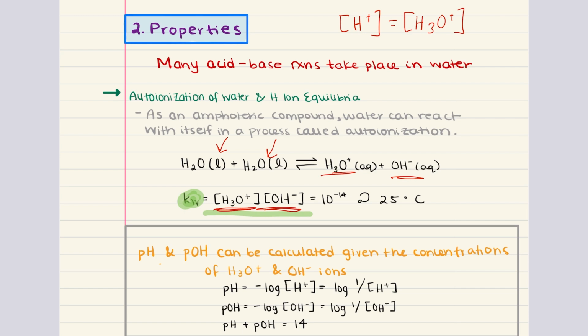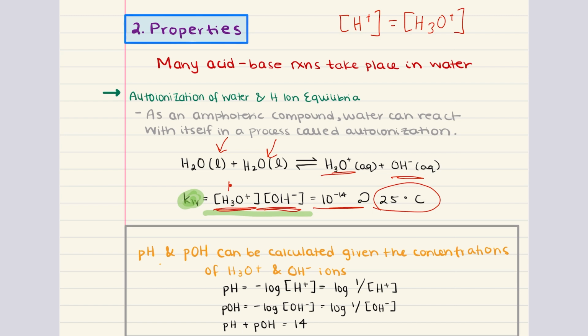Now, the water dissociation constant, this is equal to 1 times 10 to the minus 14. This value indicates that in pure water, at 25 degrees Celsius specifically, the concentrations of hydronium and hydroxide ions are both 10 to the minus 7 molar. And that makes sense.